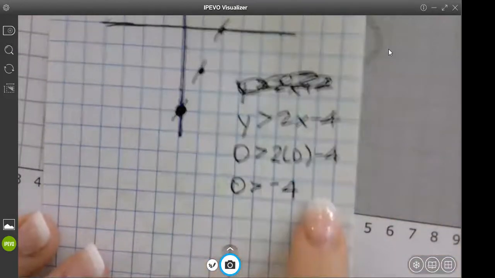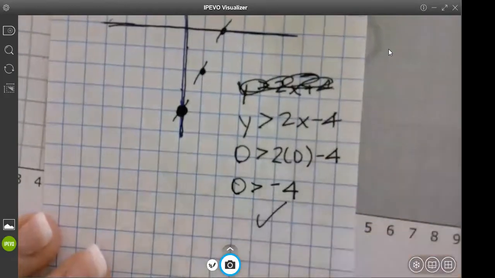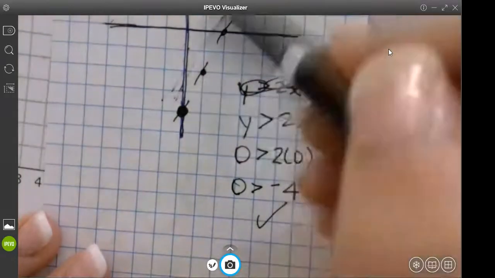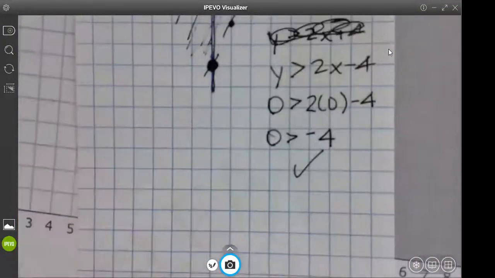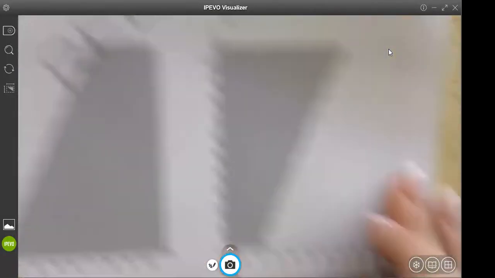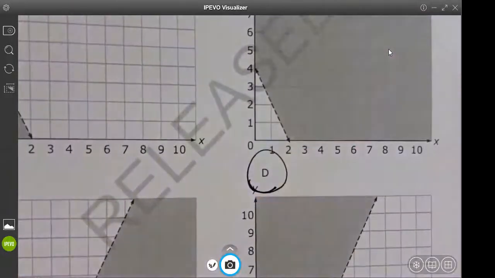Is 0 greater than -4? Yes. So we shade where 0, 0 is. So is that C or D that shades where 0, 0 is? Which one? D. So your answer should be D on this one.